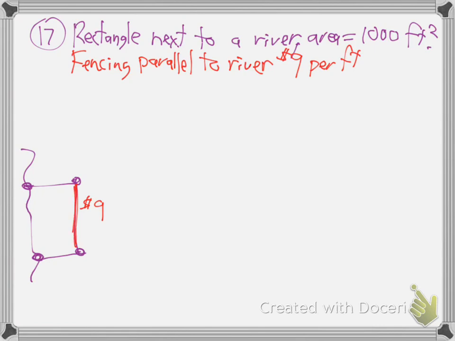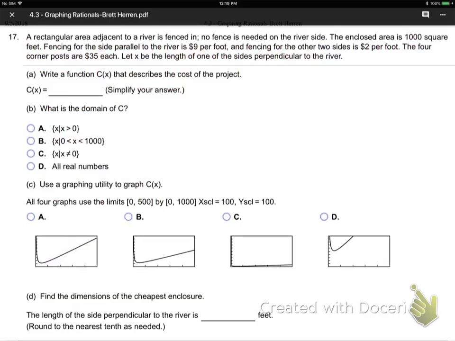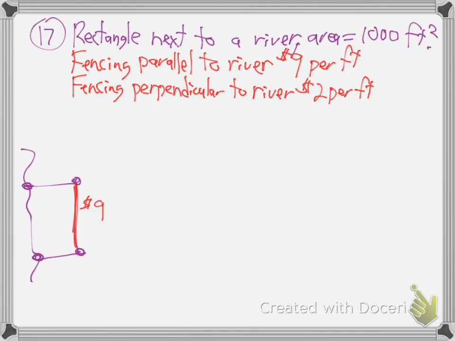And then they're going to say the fencing perpendicular, which means it crosses it, hits it like a T, to the river is $2 per foot. I get that right? Yeah. So that means this fencing and that fencing are $2 per foot. Why is it different fencing? Some of it has to go on the water. Some of it is, I don't know.